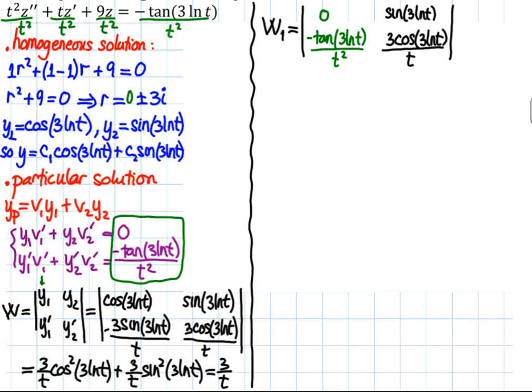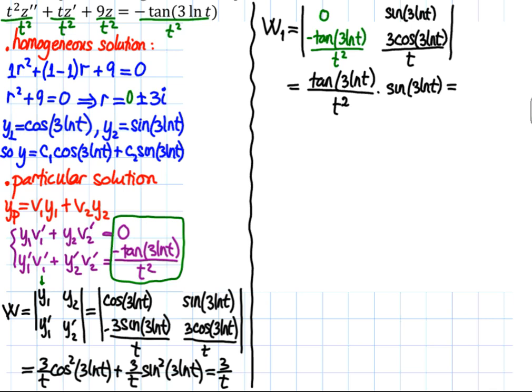The 2 by 2 determinant gives us negative and an extra negative, so that's positive tangent of 3 ln(t) over t squared multiplied by sine of 3 ln(t).